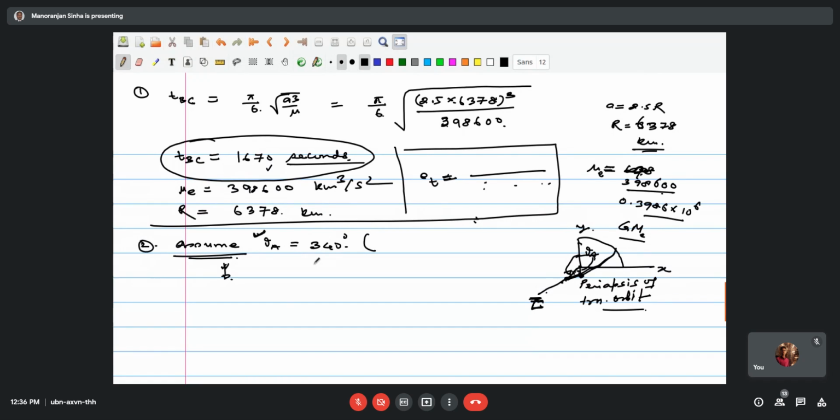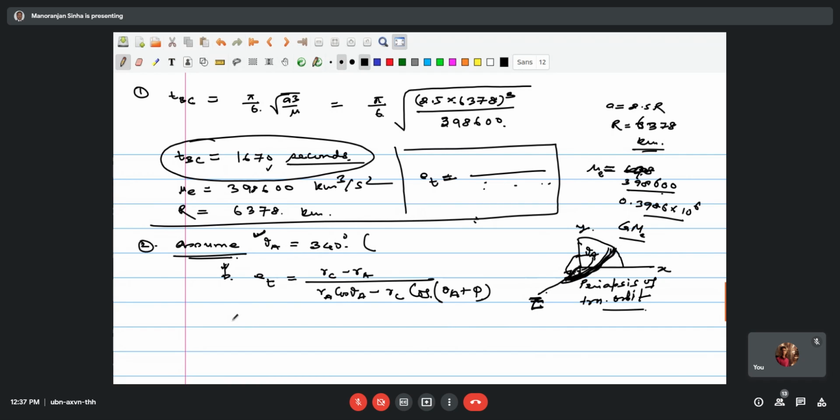So theta A equal to 340 degrees if we assume it, and use this equation Vt equal to ... Rc cos theta A plus phi. Here in this case, the phi angle is the angle which you have to transfer from this place to this place.